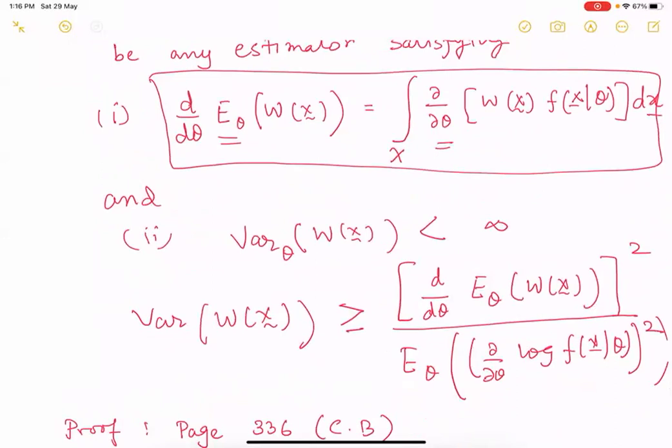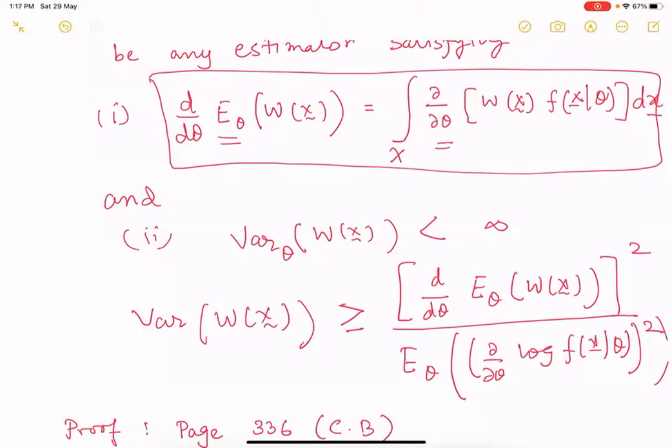Though it is written as an expectation, you have to remember that an expectation is nothing but an integration. So on the left side, you are taking the differentiation after the integration. First you're doing the integration and then you are taking the differentiation. On the right side, first you're doing the differentiation and then you are taking the integration over chi.